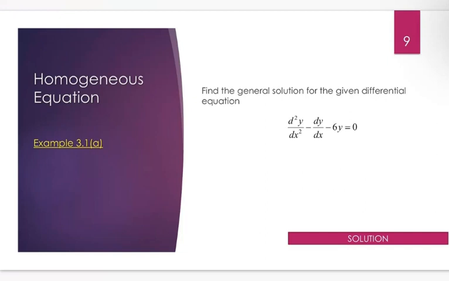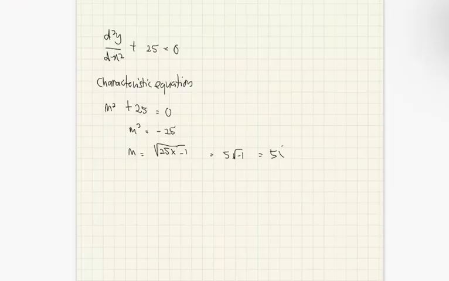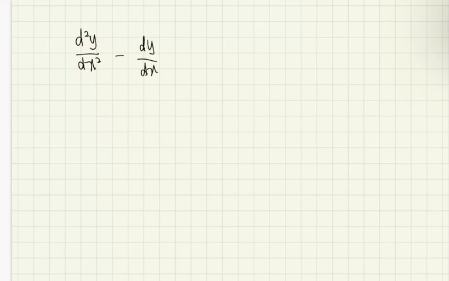Alright, let's see some examples. So we have d squared y over dx squared minus dy over dx minus 6y. So let's check this equation.